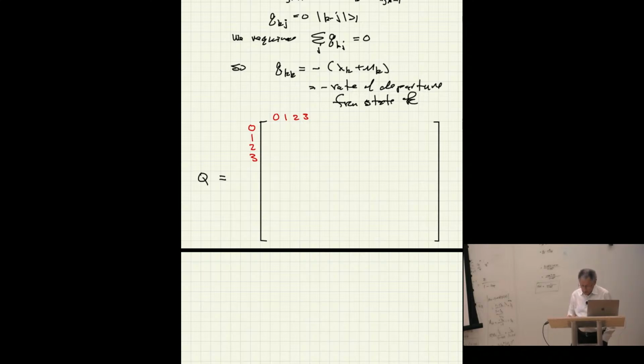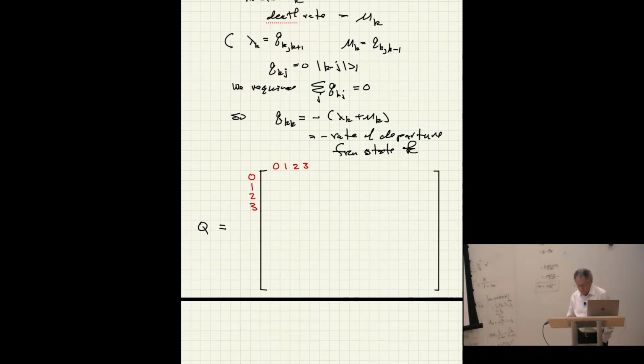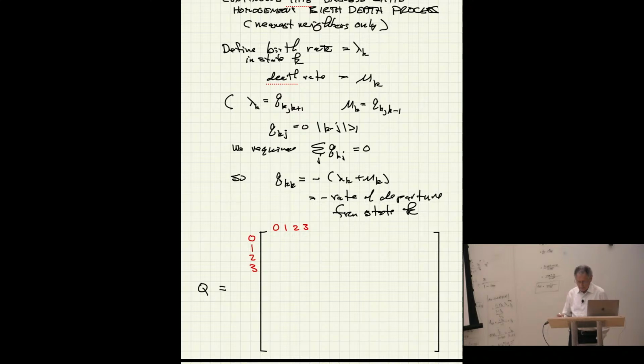What's the rate in going from 0 to 1 in terms of notation above here? Nobody in the system, 1 birth in the next instant of time. What rate is that happening? Nobody in the system.